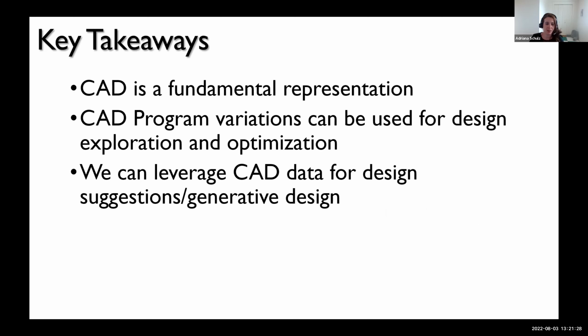But of course, for each of these takeaways, I think there are still some underlying challenges and areas for future work. So when we say that CAD is a fundamental representation, one thing that comes to mind is that if CAD is how most of the objects in our real world are created, can we use these types of representations to learn about our real world?